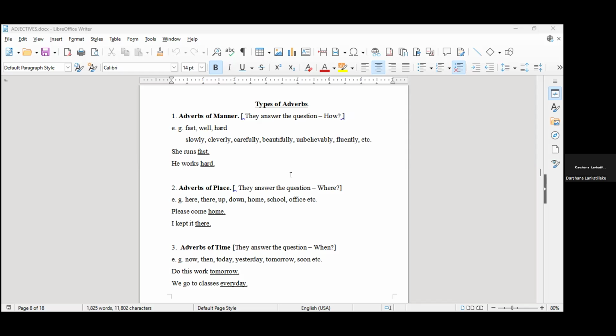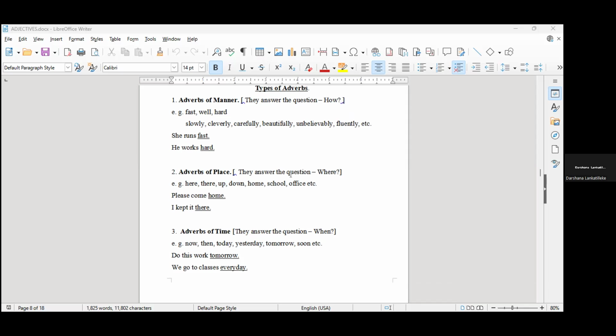Then go to the third one, adverbs of time.